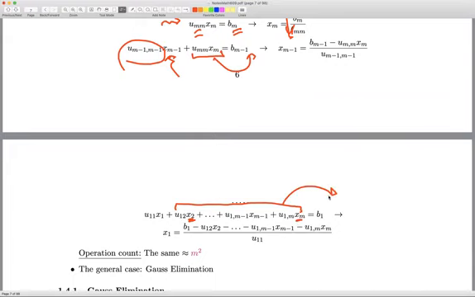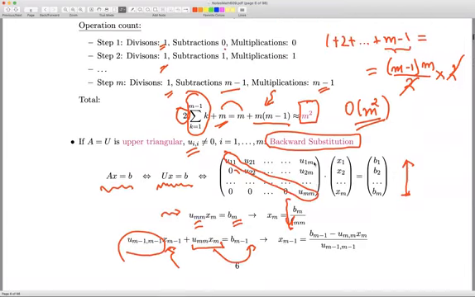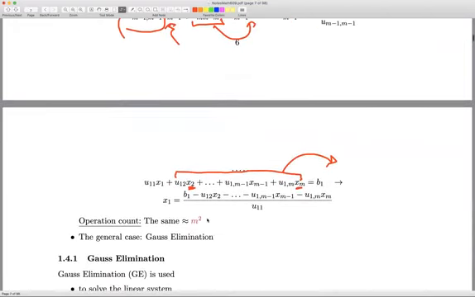We move them to the right hand side, and we will have the expression for x1. And exactly the same way, we count the operations, and we find out that the operation count is about m squared.